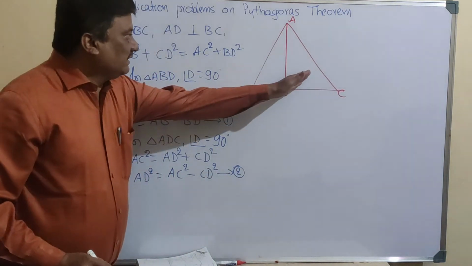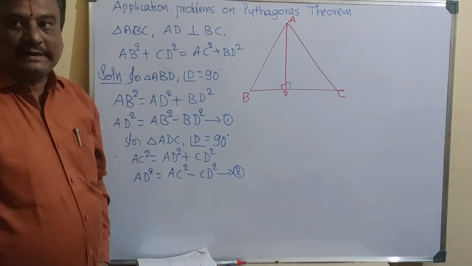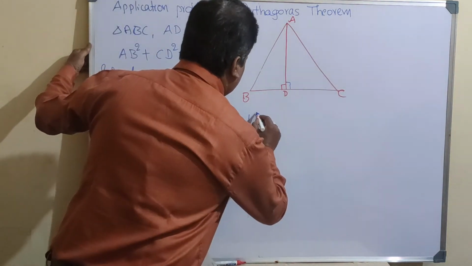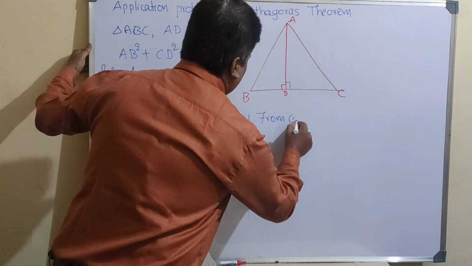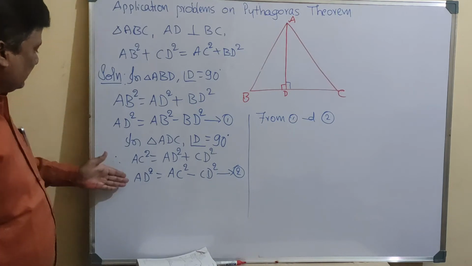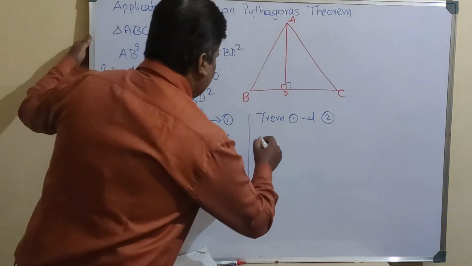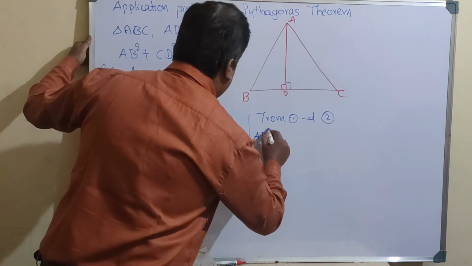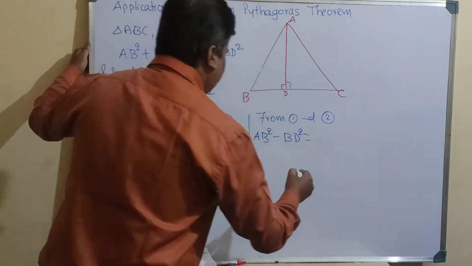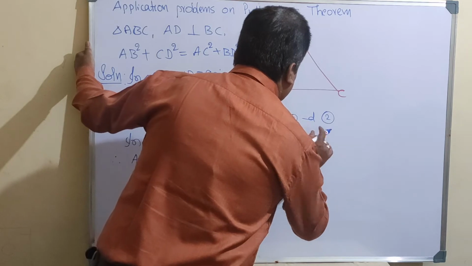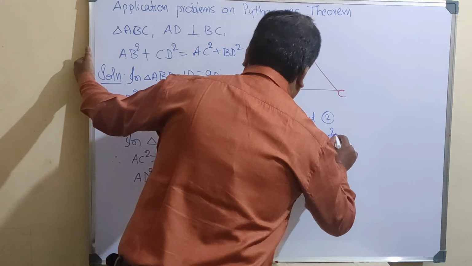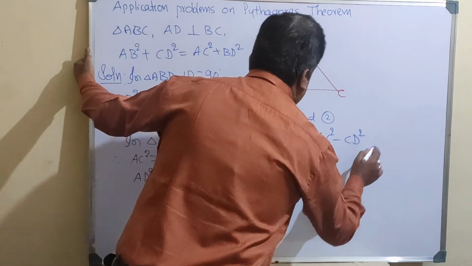So in both the triangles, we got the measurement of AD square. From 1 and 2, we can write AB square minus BD square is equal to AC square minus CD square.